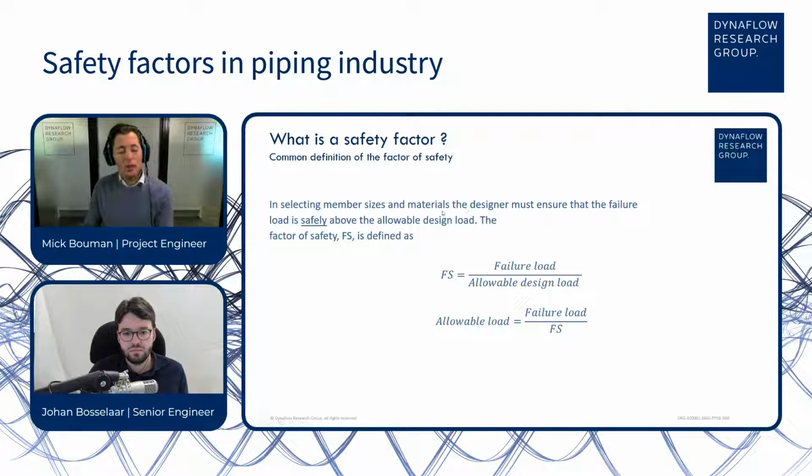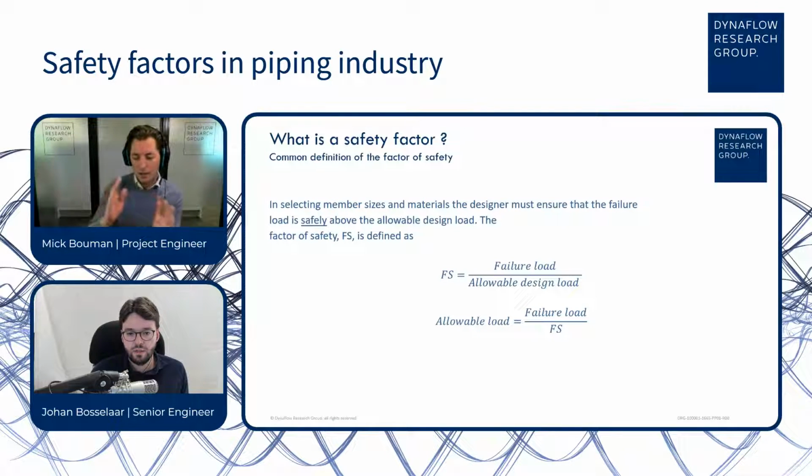This is a common definition of the safety factor. In selecting member sizes and materials, the designer must ensure that the failure load is safely above the design load. That means that if you do your calculations and you get a certain stress or a certain load, that has to be sufficiently below the failure load of the material.